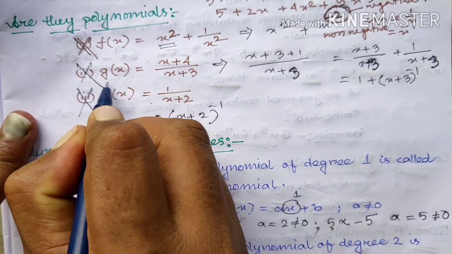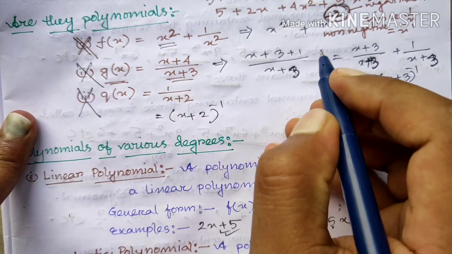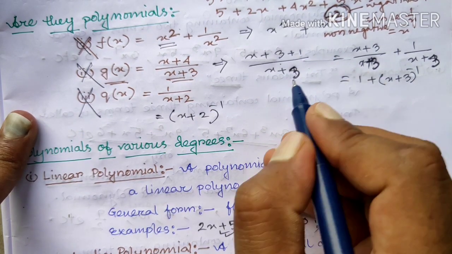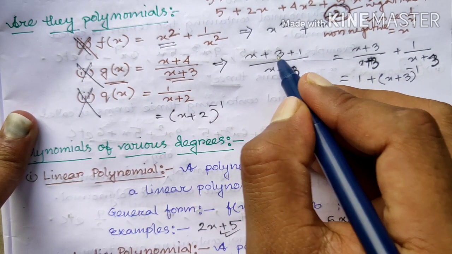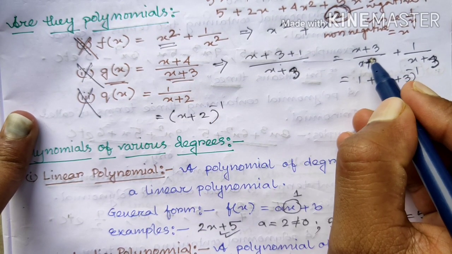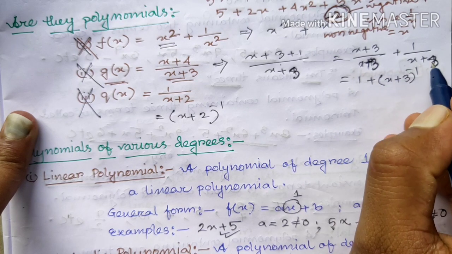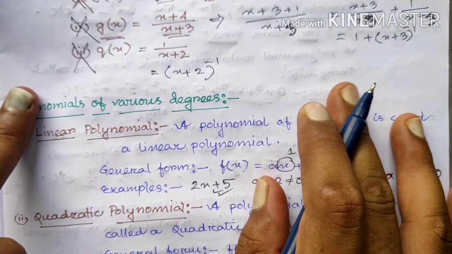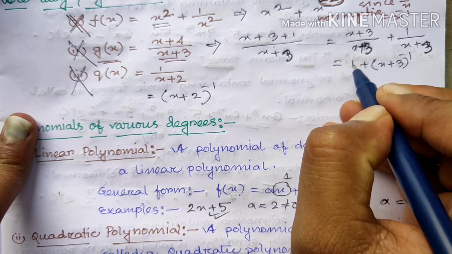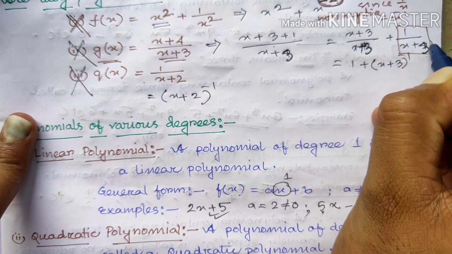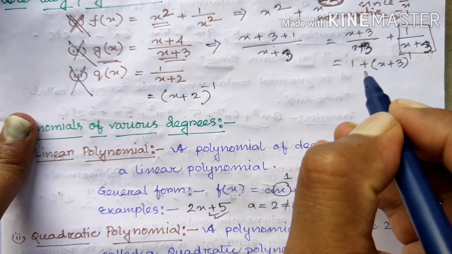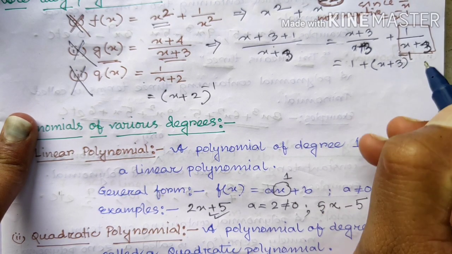For the second, g of x equal to x plus 4 by x plus 3. We can write x plus 4 as x plus 3 plus 1, and we divide into two parts, x plus 3 by x plus 3 plus 1 by x plus 3. Here x plus 3 by x plus 3 equal to 1 and 1 by x plus 3 equal to x plus 3 whole inverse.